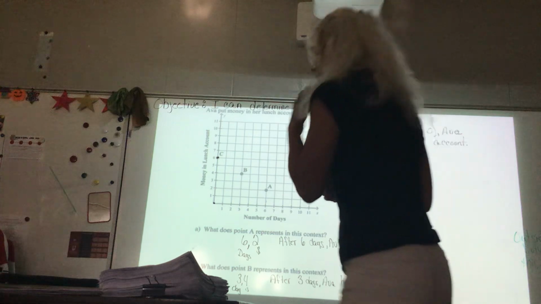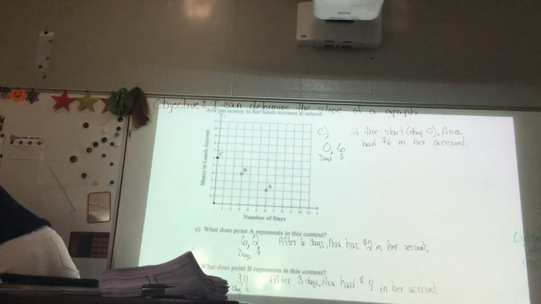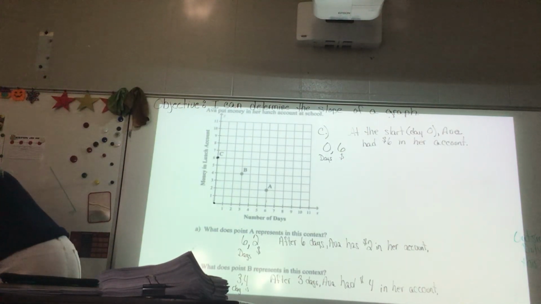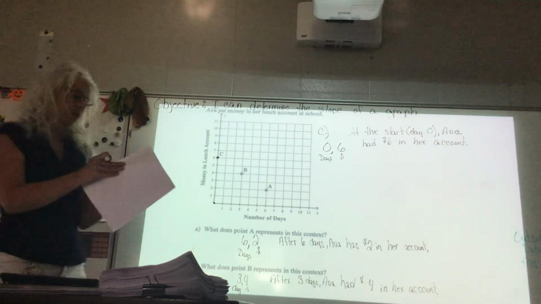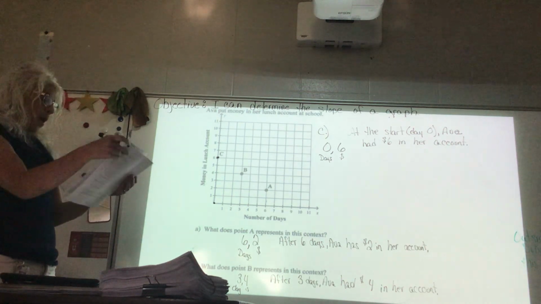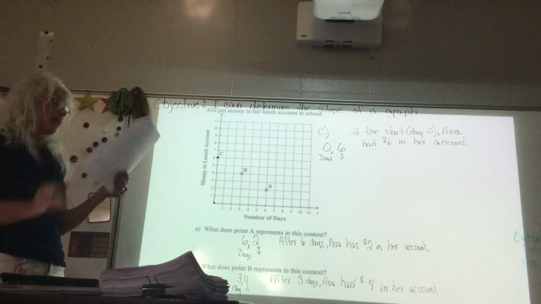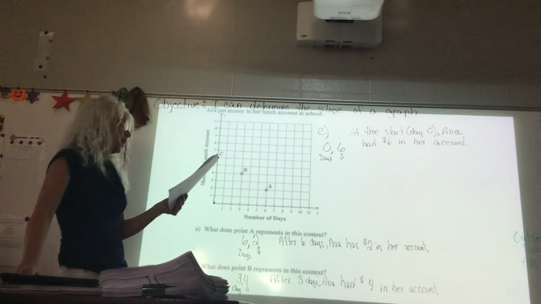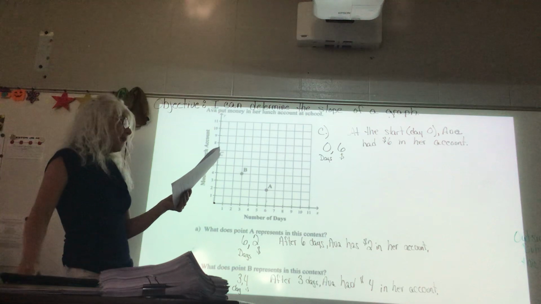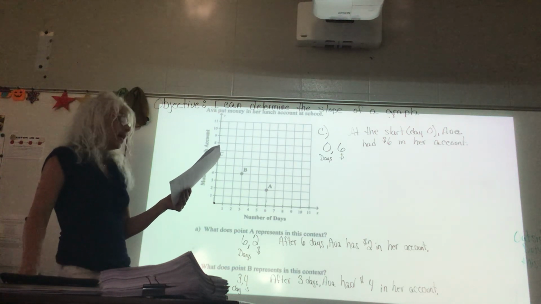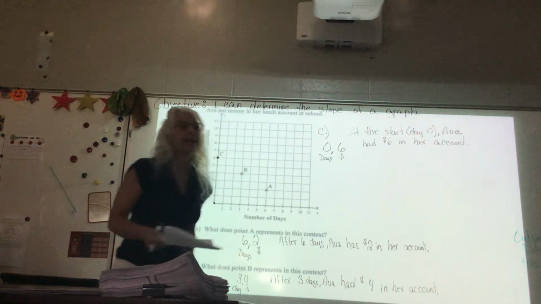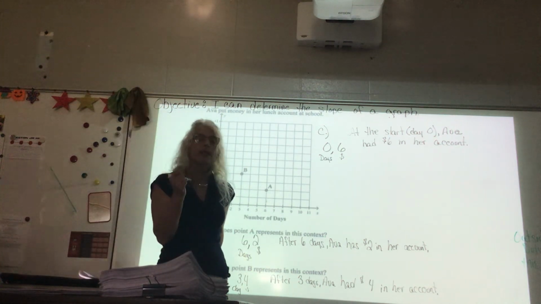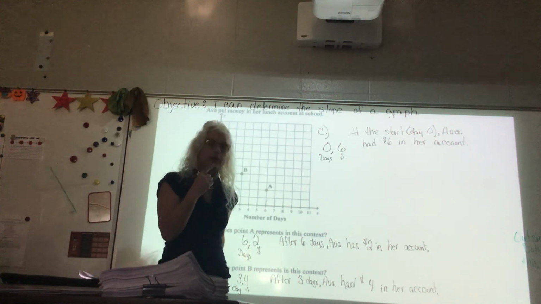Problem D, place a point on the coordinate grid that represents that Ava had $1 after 8 days. So we have $1 after 8 days, and we need to put this in our coordinate grid.